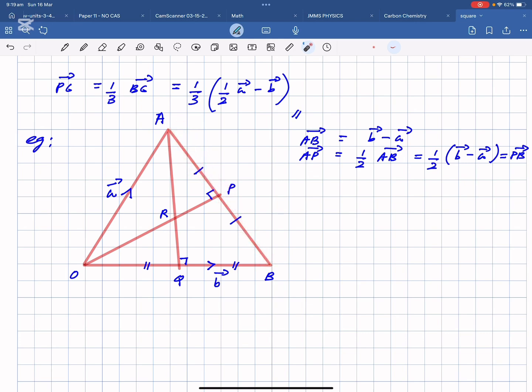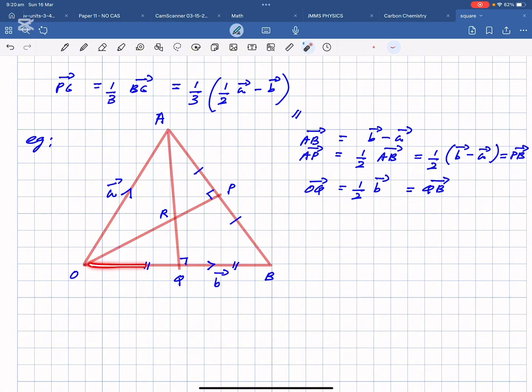All good. So now we know AP, we know PB. Now let's think about OQ and QB. OQ is half of B, and that is equal to QB as well. Correct?